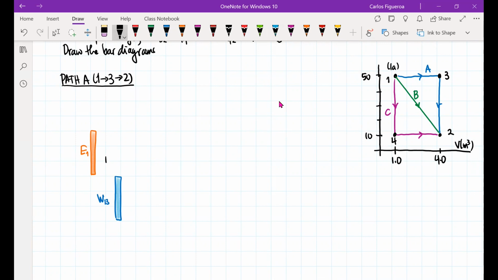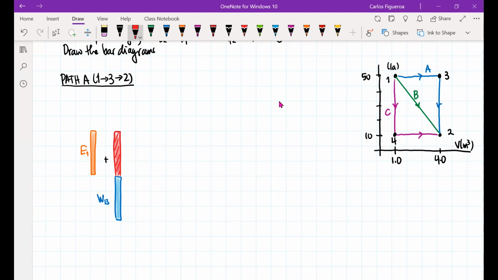Now I'm going to add heat. So what does the heat have to do? The first thing that the heat has to do is offset the energy lost by the work. So this is the heat that offsets the work. But then as I go from 1 to 3, there's an increase in energy.